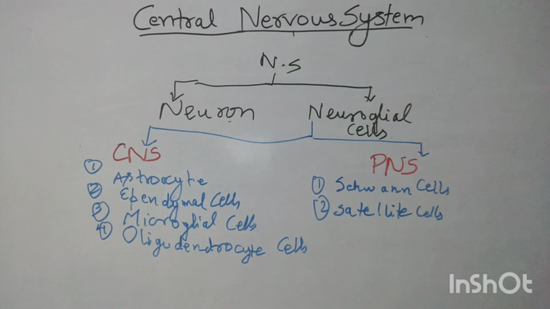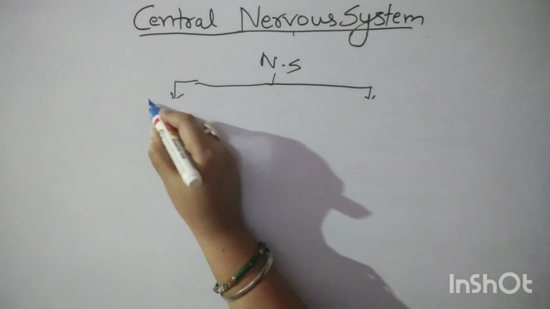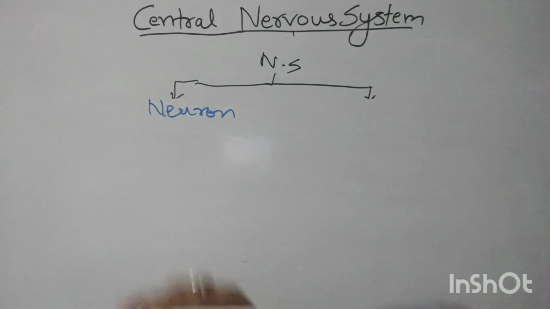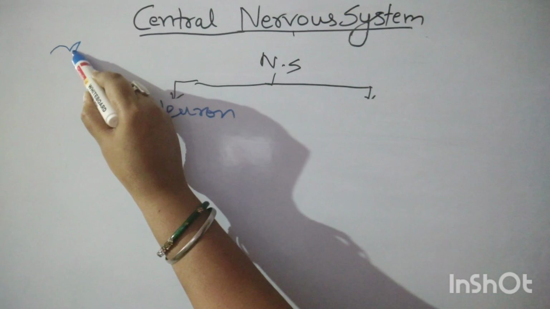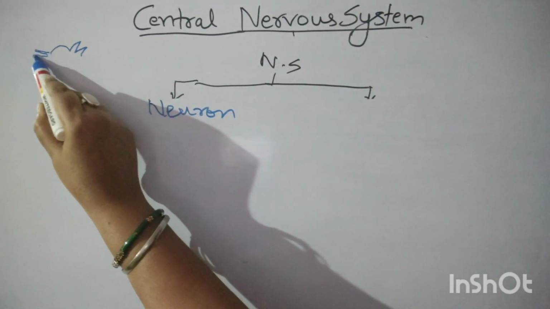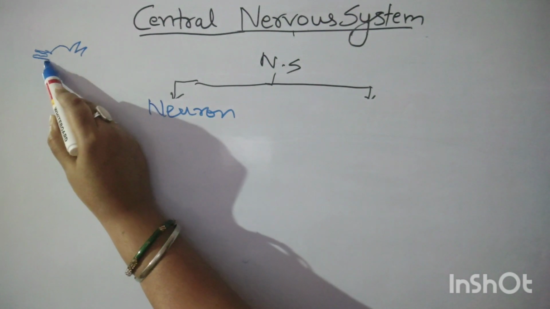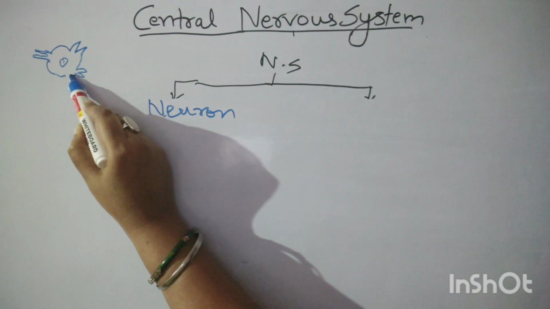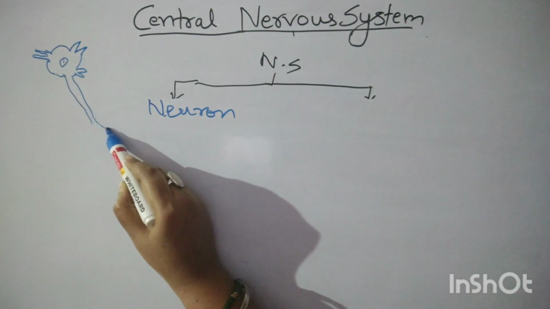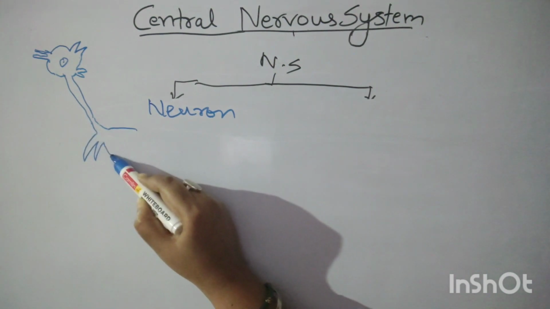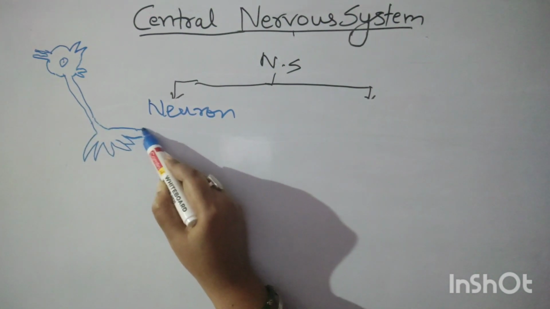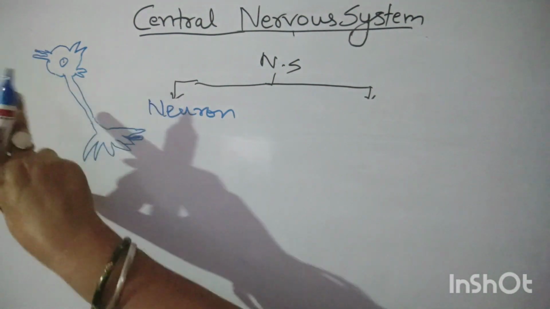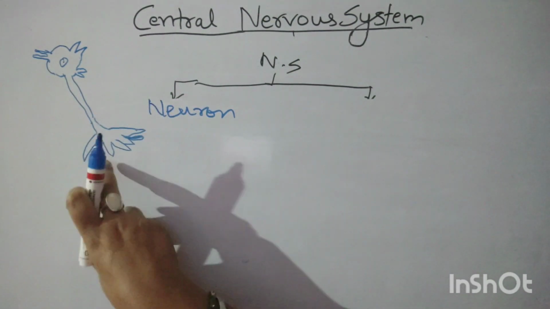Now moving forward, let's talk about the neuron. What is this neuron? If I draw the structure of a neuron, this is the head part, this is the cell body, and this is the axonal part.